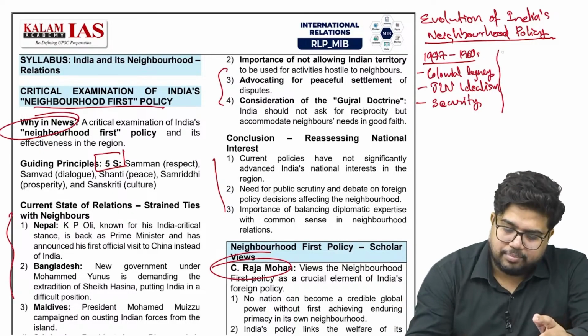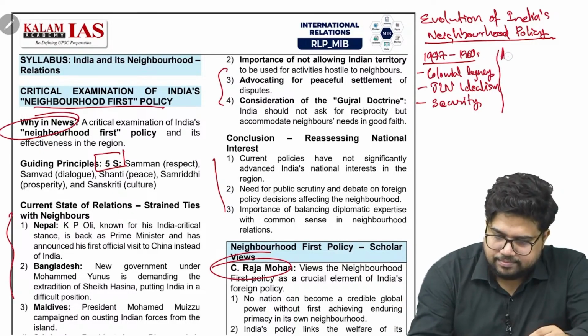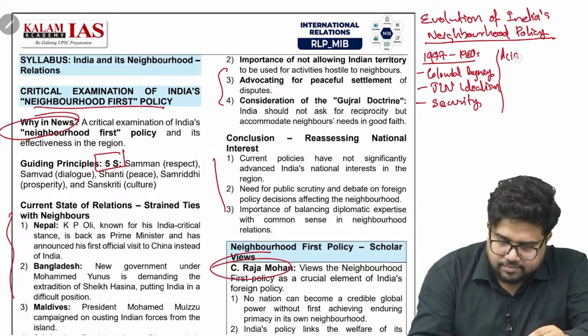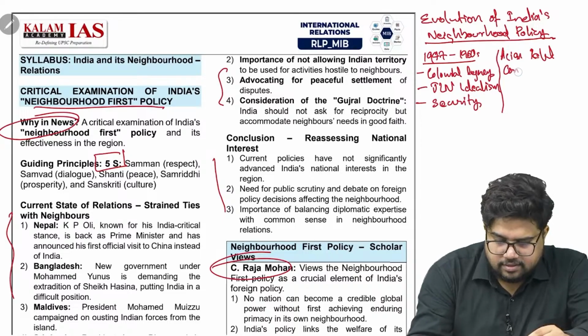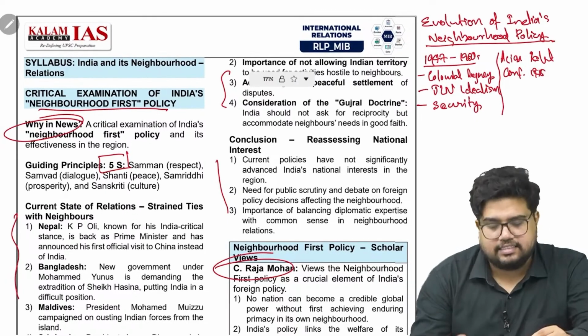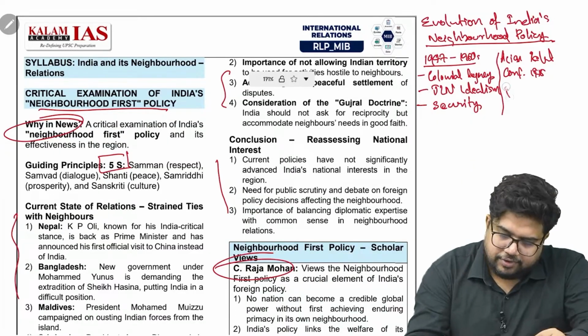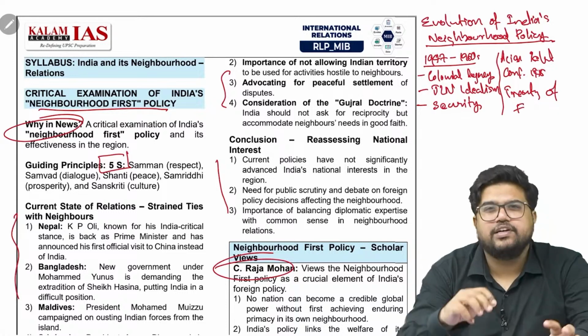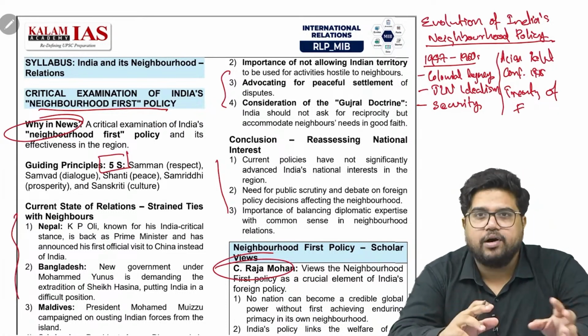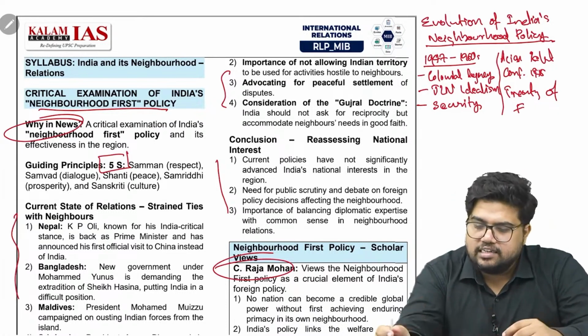Now some examples to prove this: India's Asian Relations Conference that happened in 1948. Then India signed Treaties of Friendship with multiple countries, with Nepal, with Bhutan, with Sri Lanka, all these countries.